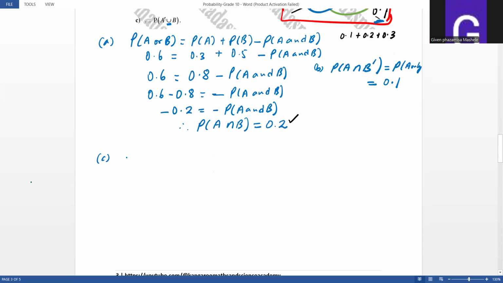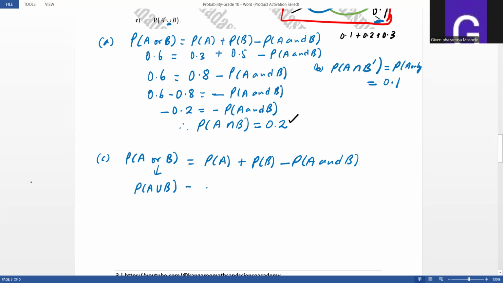It will be probability of A or B equals probability of A plus probability of B minus probability of A and B. Remember, this is the same as a union.